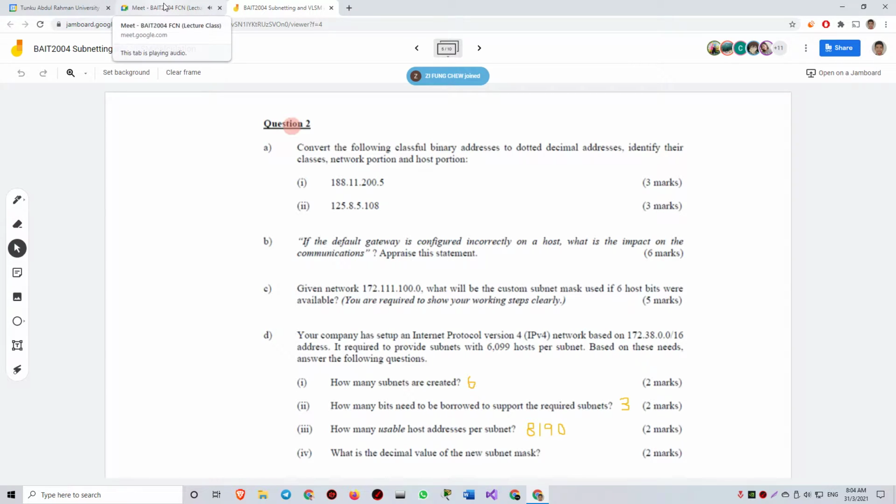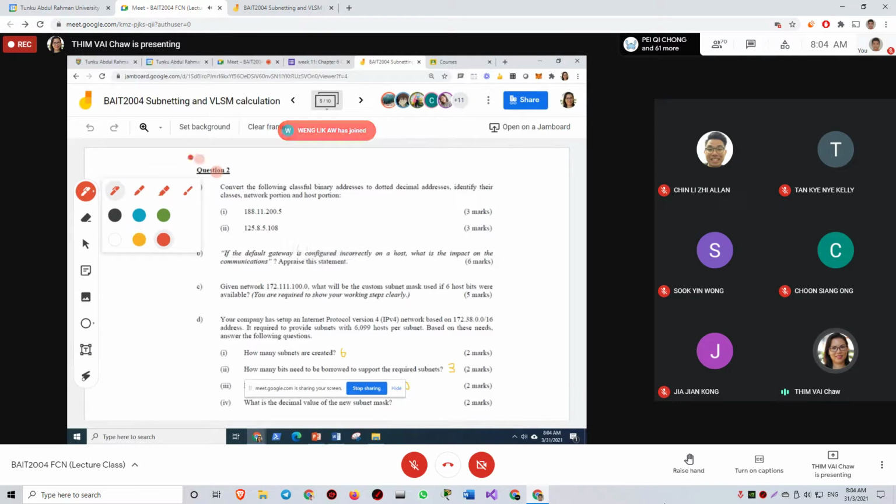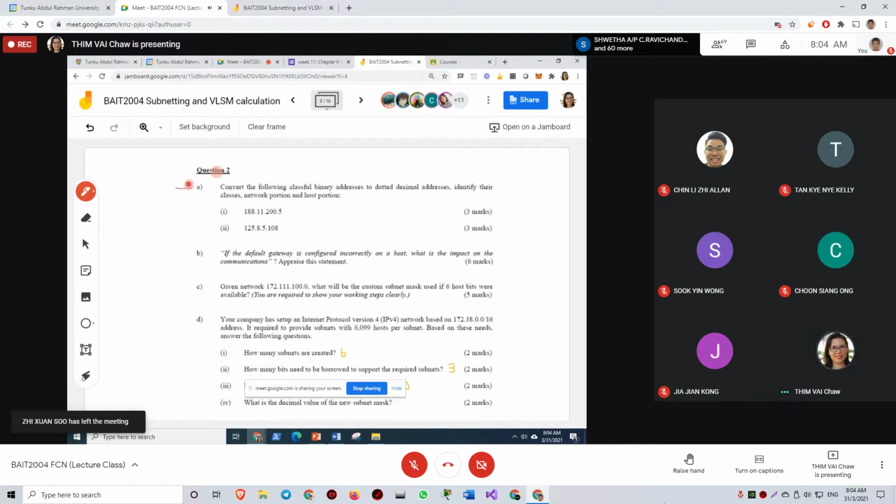Okay, so first question. Why I mention this is because here it says convert the foreign classroom binary address to a dot decimal address.